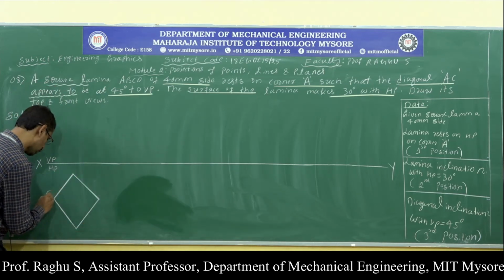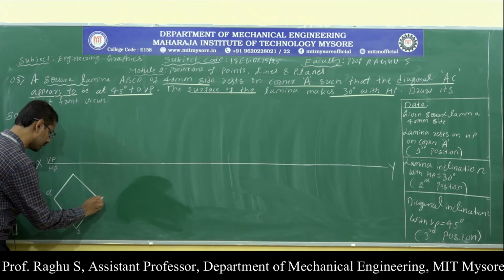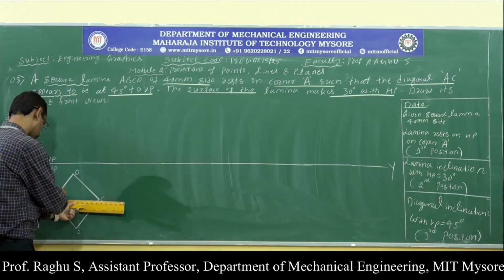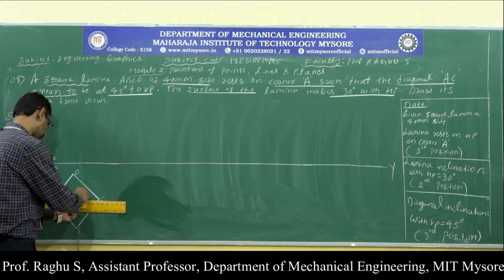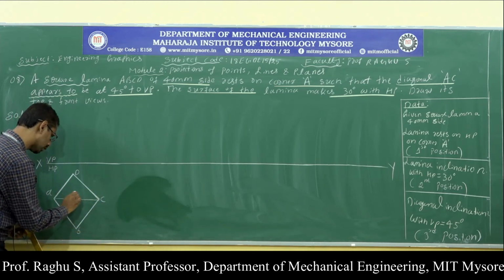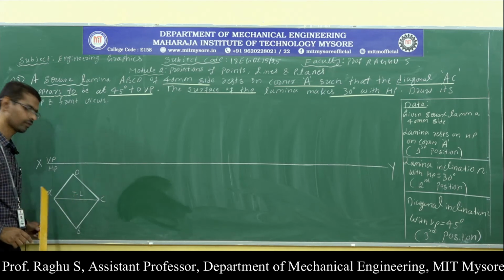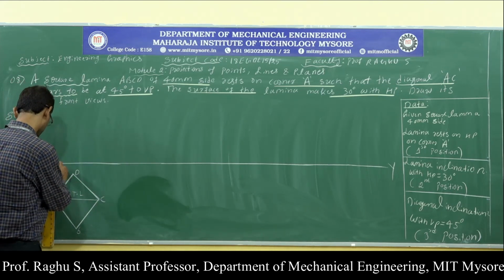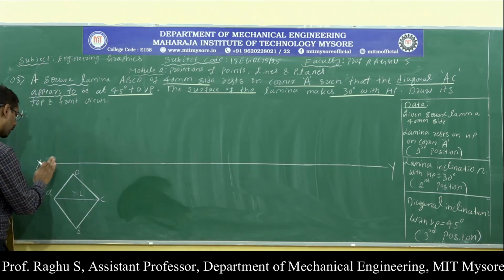So the lamina rests on HP on corners A, B, C and D. Now since it is a diagonal inclination problem, draw the diagonal. So this is the true length of the diagonal. Next, draw upward projection to get the front view.